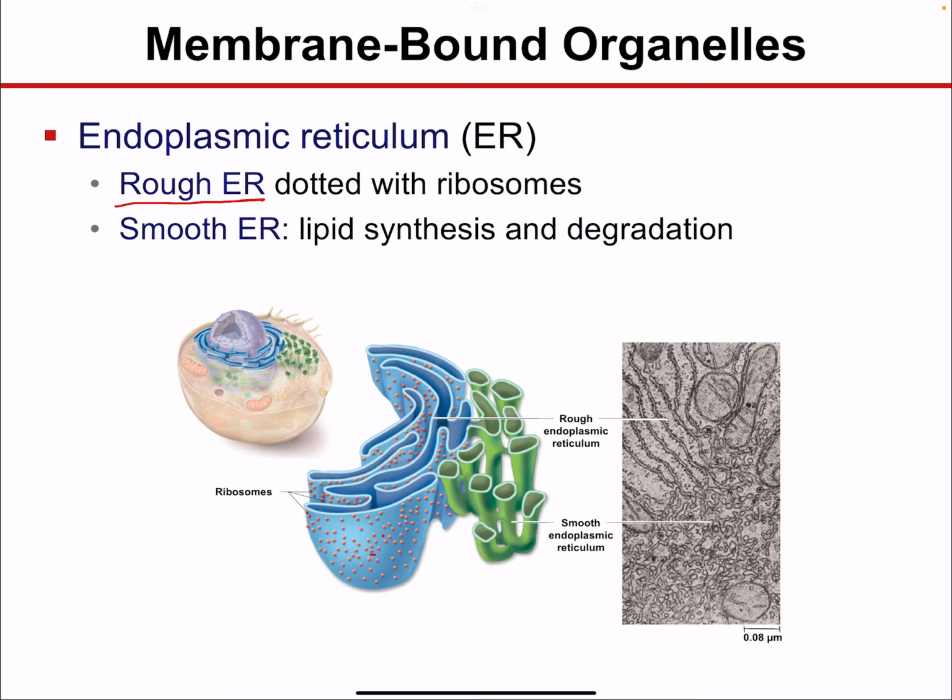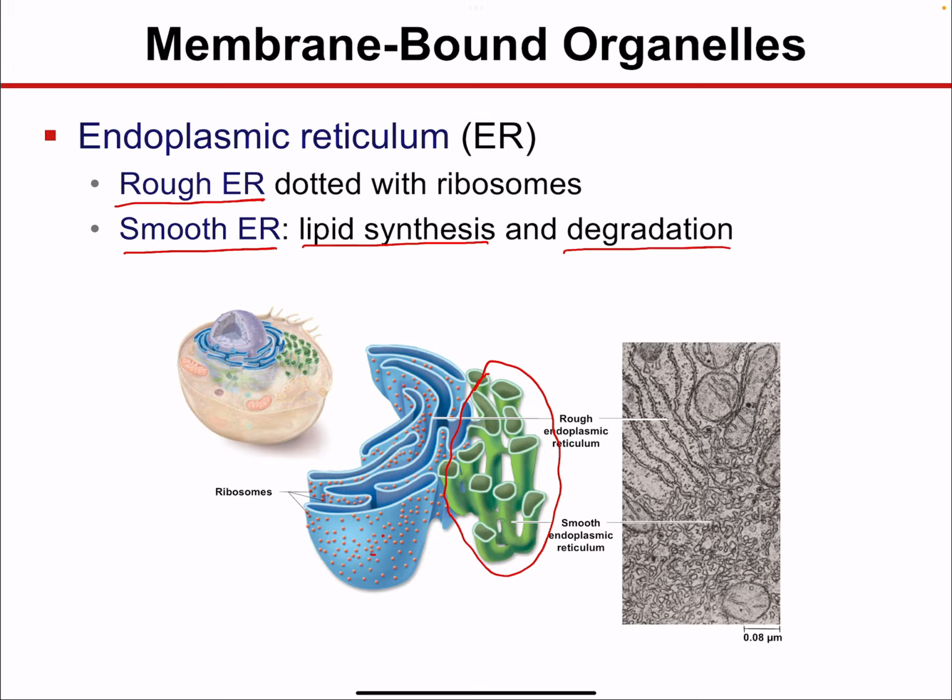Which means that the rough endoplasmic reticulum is associated with protein synthesis. On the other hand, you have the smooth endoplasmic reticulum. That smooth endoplasmic reticulum has no ribosomes attached to them. Okay? This smooth endoplasmic reticulum is going to be involved in lipid synthesis and lipid breakdown.